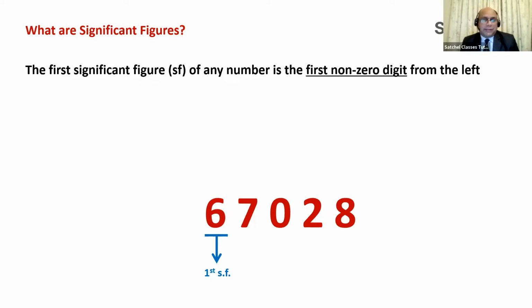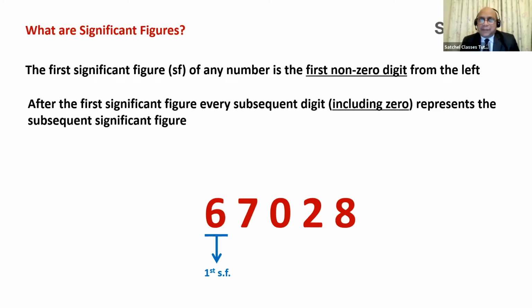After the first significant digit, every subsequent digit, including 0, represents the subsequent significant figure. What does that mean? The digit after 6 is 7, so 7 is your second significant figure. The digit after 7 is 0, so 0 becomes your third significant figure.